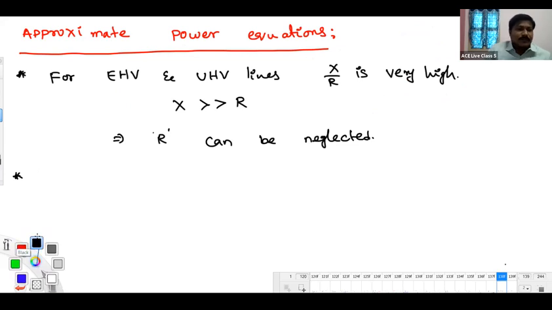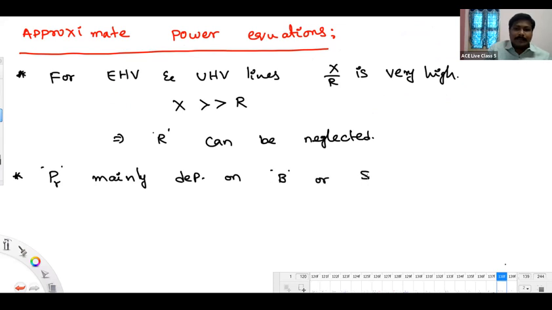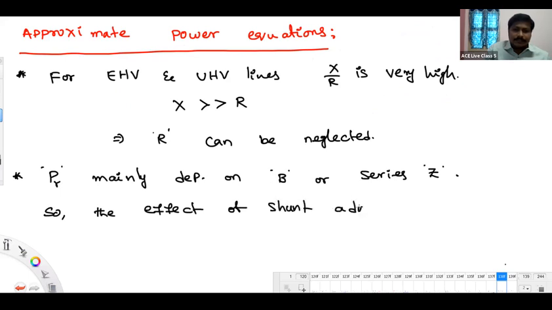So I can say here, PR mainly depends on parameter B, or series impedance Z. So the effect of the shunt admittance can be neglected.